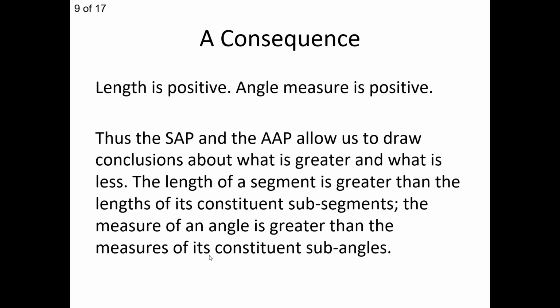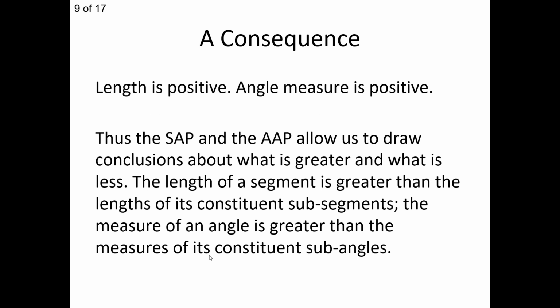So why is that important? Because all of our measures for angles and for segments are positive, which means the segment addition postulate and the angle addition postulate let us compare the whole to the part. Think about what those two said. You took two subparts and added them together to equal the whole.